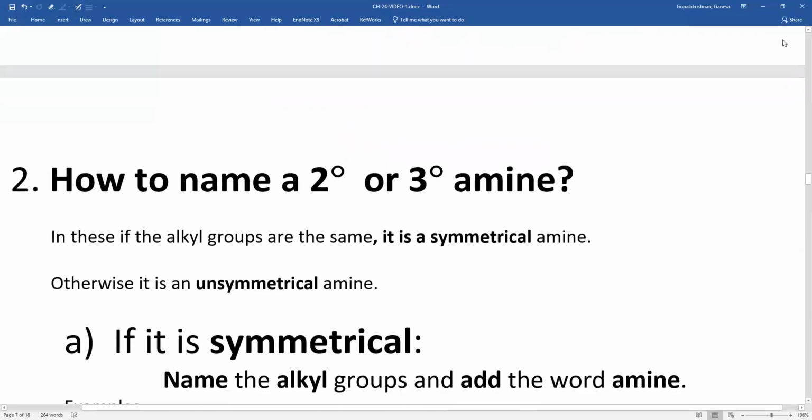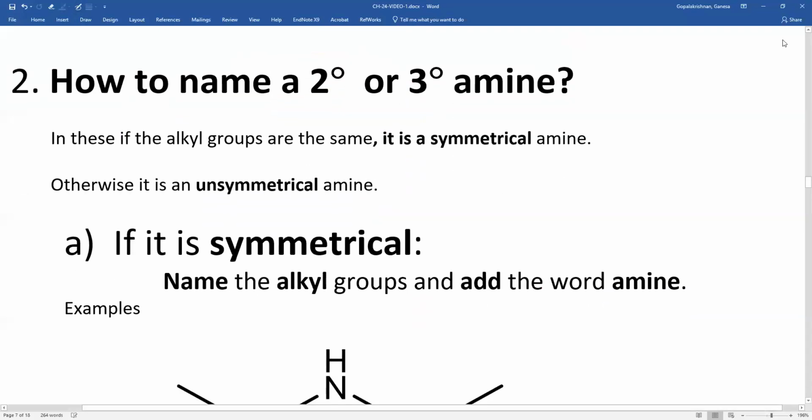How to name a secondary or tertiary amine? In secondary, you have 2 alkyl groups. In tertiary, there are 3 alkyl groups. If the alkyl groups are the same, it is a symmetrical amine.